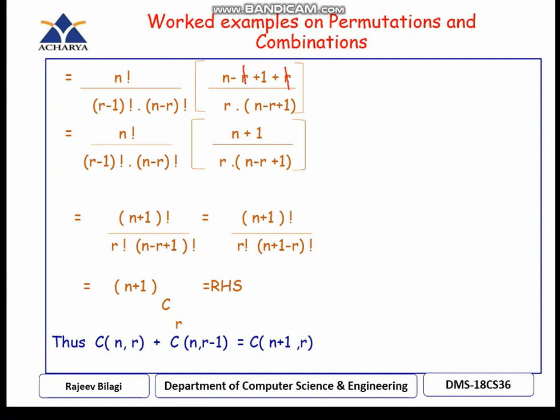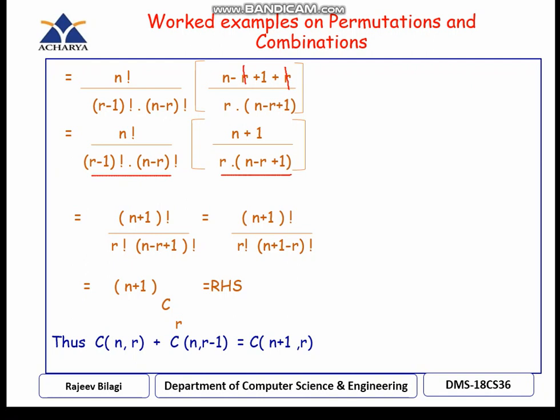You are left with n factorial divided by (r minus 1) factorial into (n minus r) factorial as it is. So here you are going to get (n plus 1) divided by r into (n minus r plus 1). This is what the particular step is.